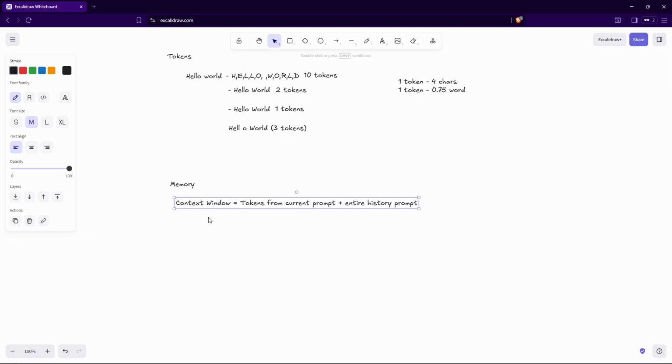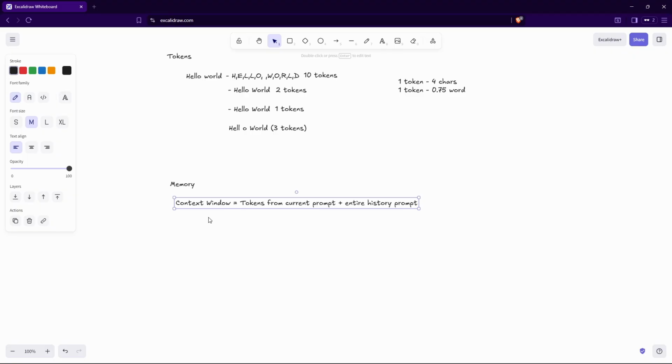Okay, and as you might imagine, the context window, since it limits the amount that you can take as an input, will also limit how much it remembers of the past. If the context window is small, it only remembers a few things.